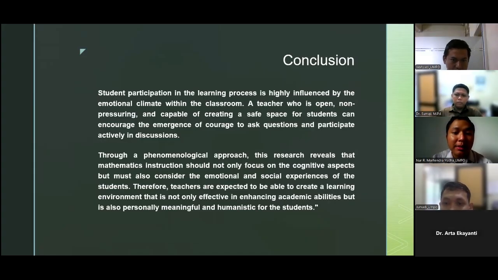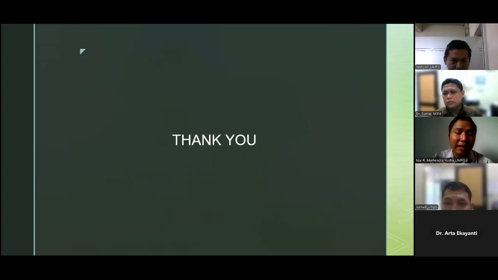Through phenomenological research, this research revealed that mathematics instruction should not only focus on the cognitive aspects, but must also consider the emotional and social experiences of the student. Therefore, teachers are expected to be able to create a learning environment that is not only effective in enhancing academic abilities, but is also personally meaningful and humanistic for the students. So this is the most significant finding here.